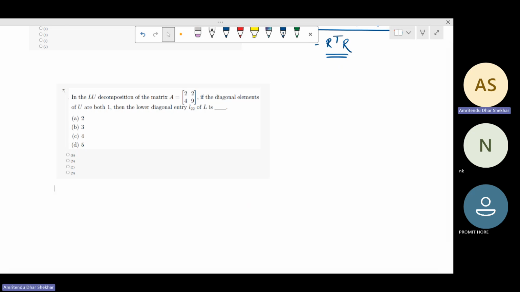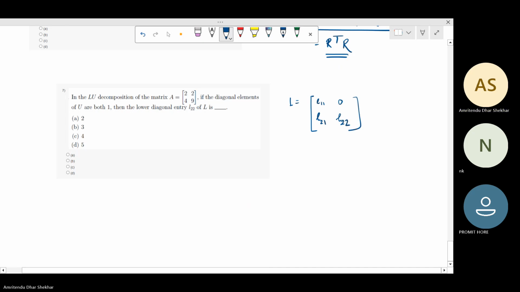This is how you solve a question like this. You have to basically just solve an equation like this. N11, N21, just plug it in and solve this.